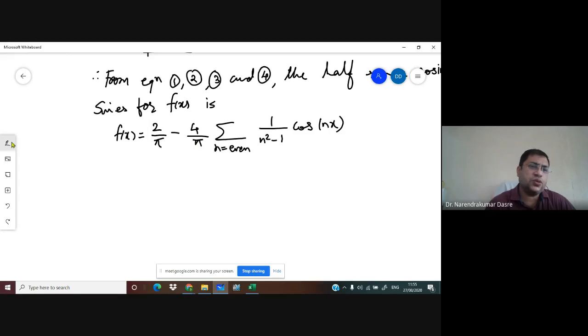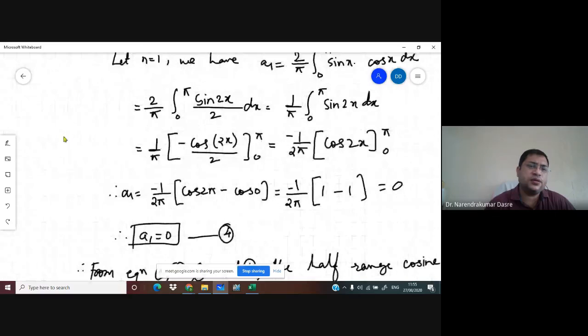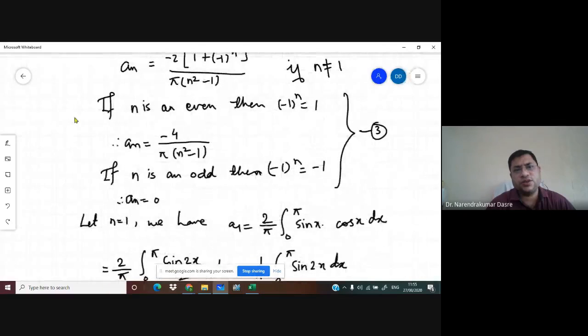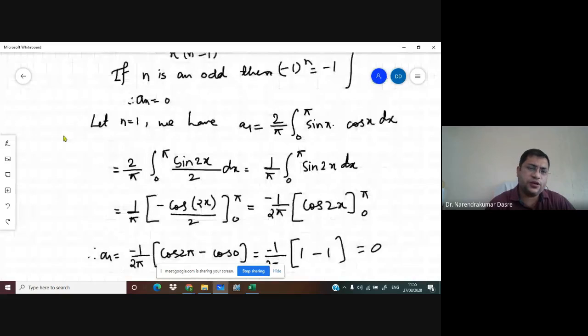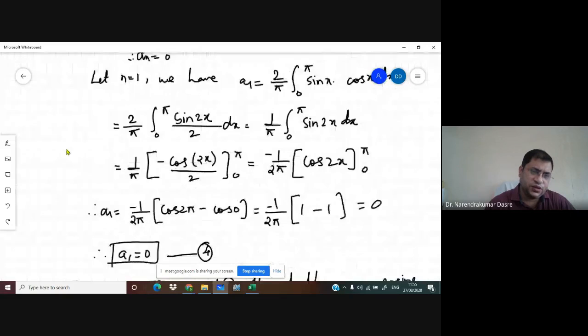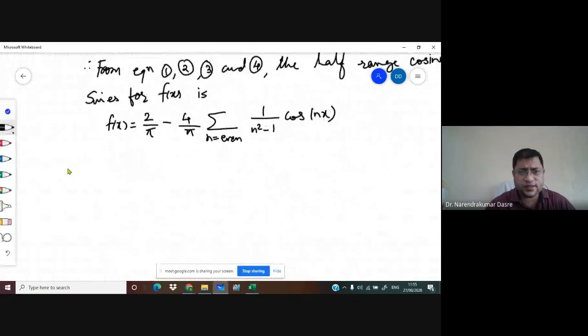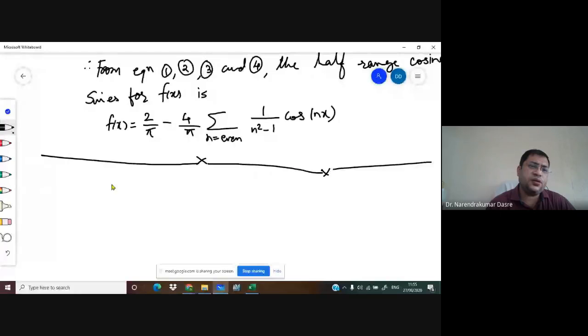So that's how we are able to get the half range cosine series for the function f(x) is equal to sin x. So here we have to be careful while writing this series.